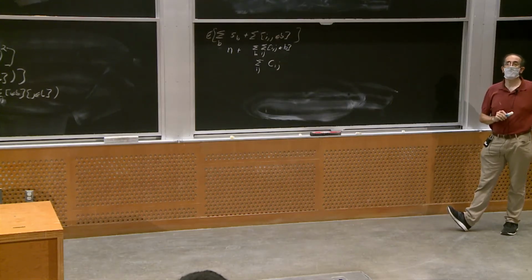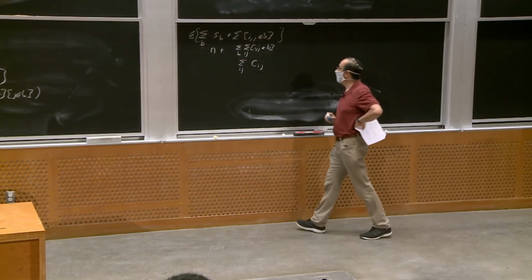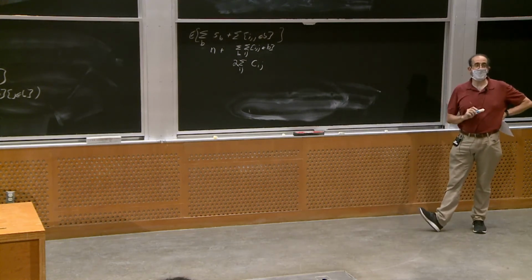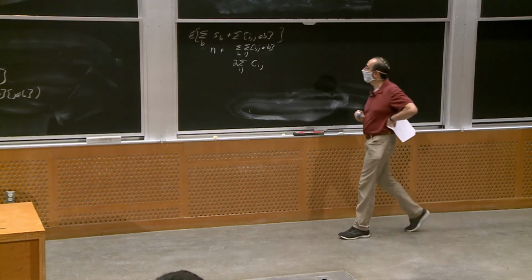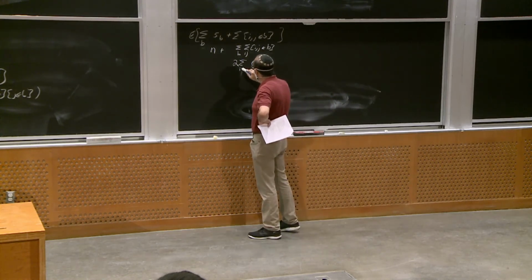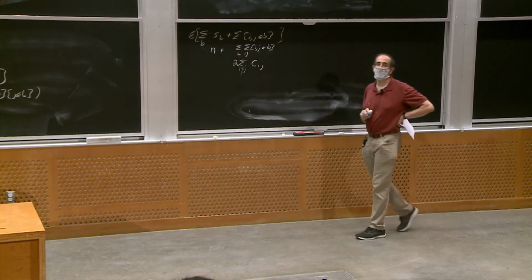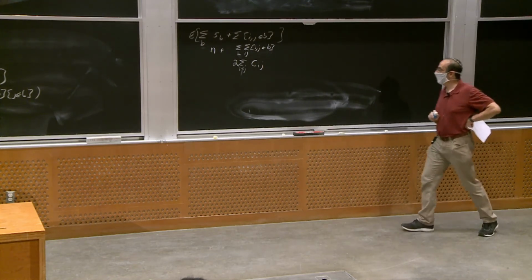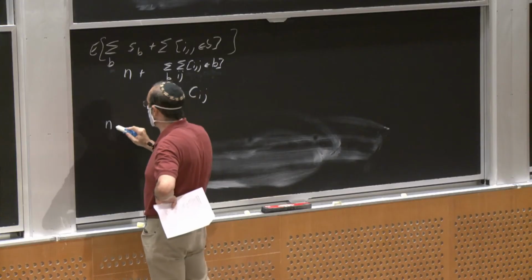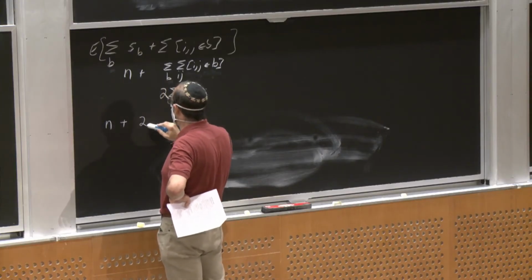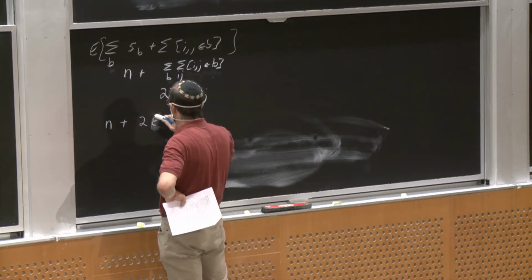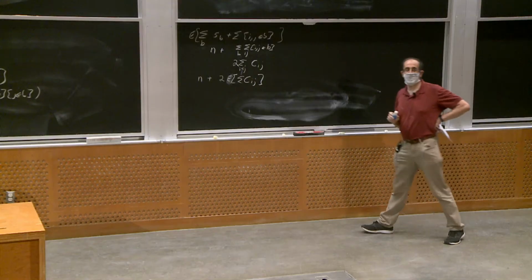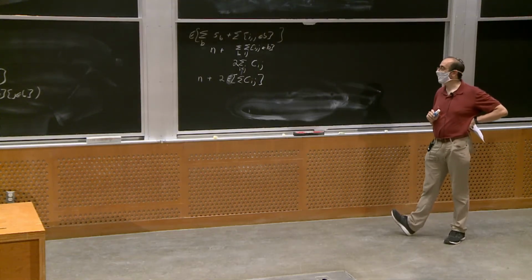Okay, because there's an ij and also a ji in that sum. Actually, no, it depends on how I define my collision indicator. Okay, and so we have an expected value of n, that's certainly just n, plus what is the sum of C_ij's in expectation?